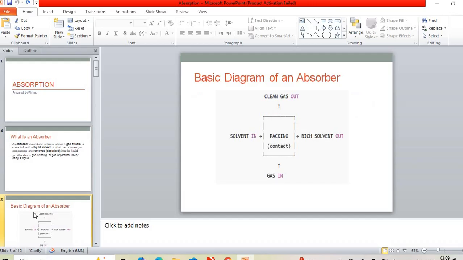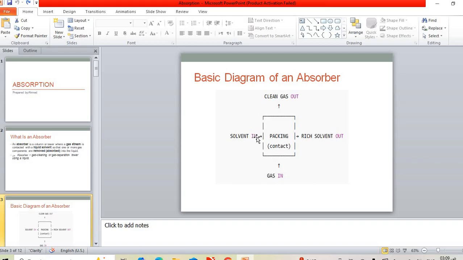So we have a basic diagram of how the absorber looks. In general, it's just a simple column. It has a packing bed, Raschig rings, anything to increase the surface area of contact between gas and liquid. At the bottom, we have a gas inlet, in most cases a mixture of gases, with the gases we target to be absorbed by a solvent.